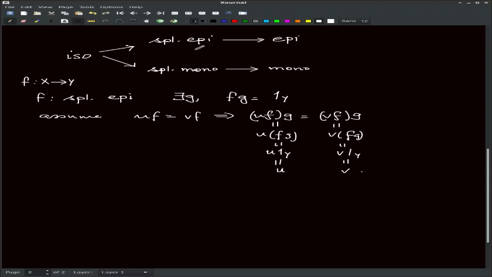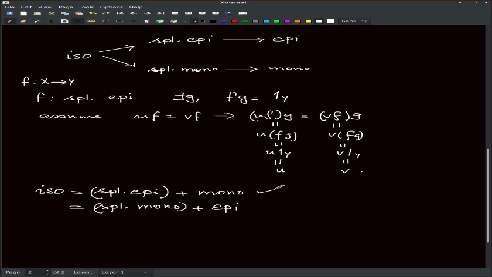If it is split epi and mono, then also it is iso. So iso is also split epi plus mono, or the other way round, even the split mono plus epi.